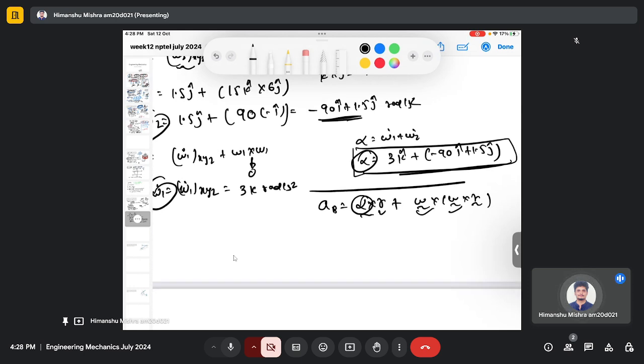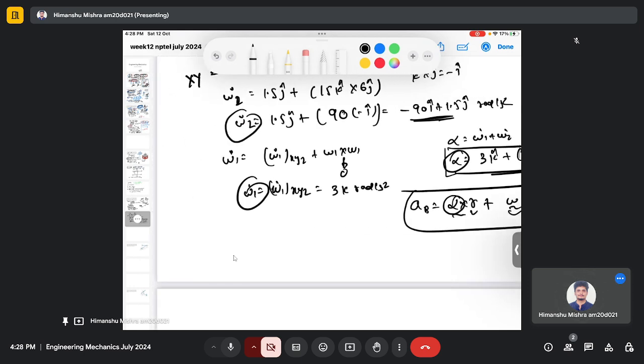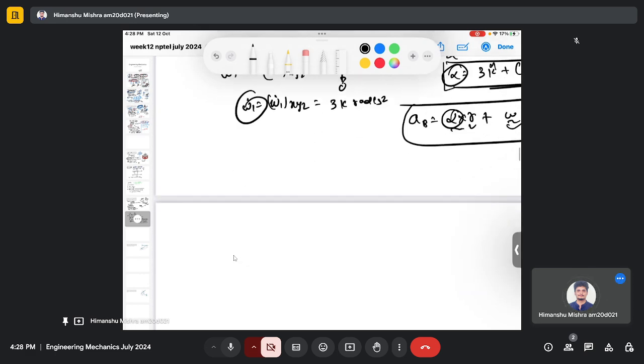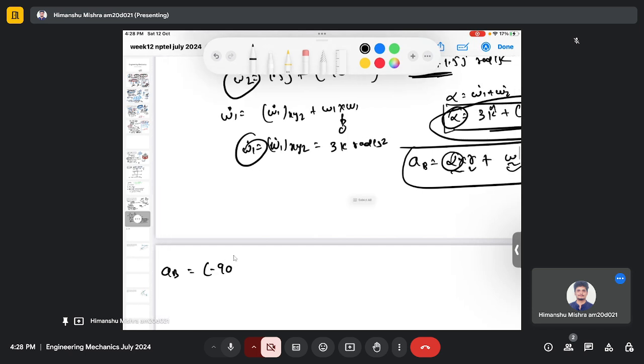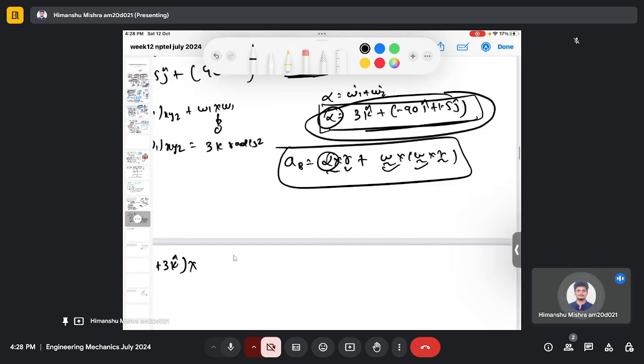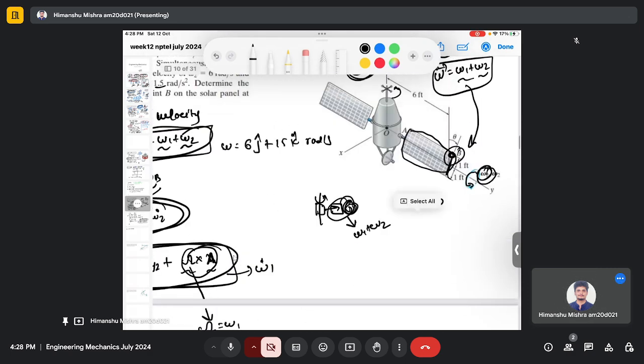So by using this equation I can find the acceleration of point B. My angular acceleration that we have found is minus 90i plus 1.5j plus 3k, cross product with the position vector ROB.